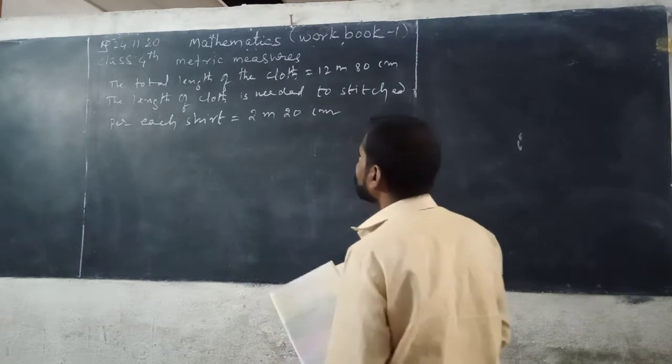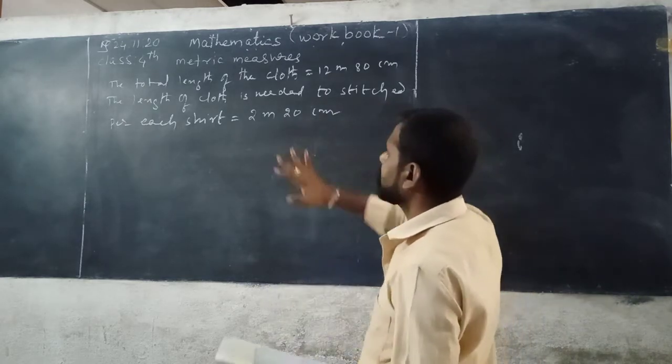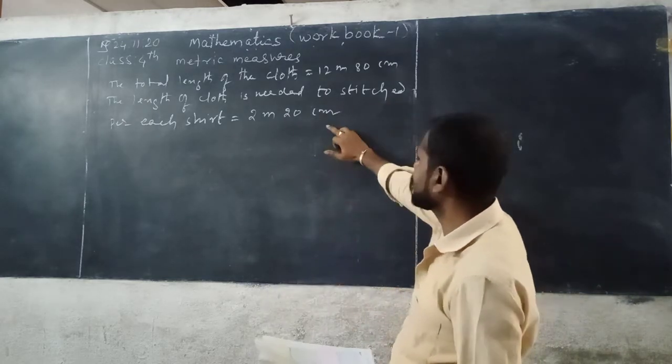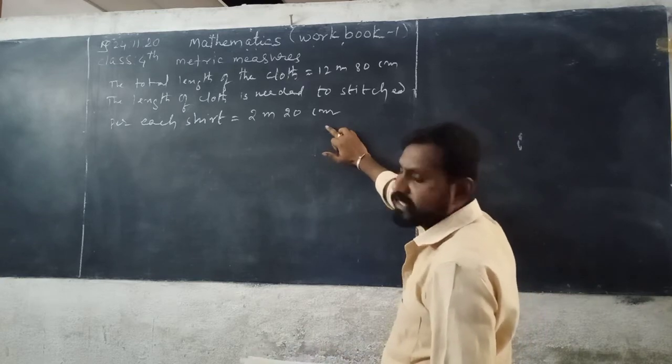See here, the length of cloth needed to stitch each shirt, that is equal to 2 meter 20 centimeter.